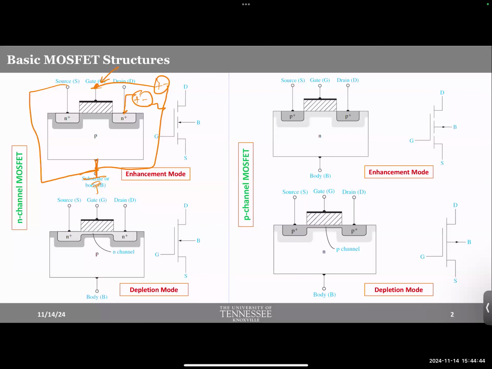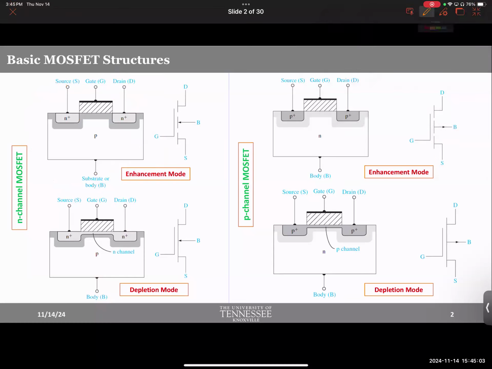So the voltage that you apply is VDS, the voltage between drain and source, or VGS, the voltage between gate and source, and the source is typically connected to ground with the body. Does that make sense? That's why we use VGS and VDS.